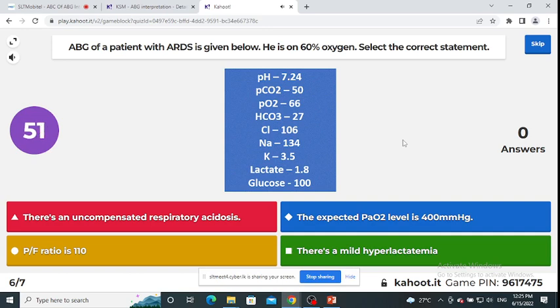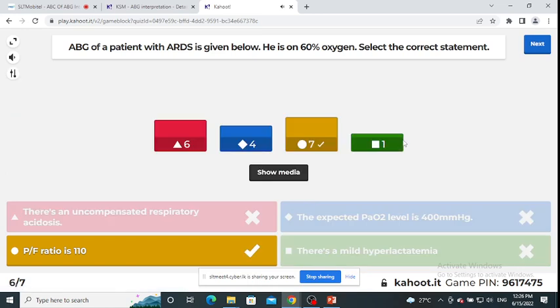For this, I have given you 1 minute. Is it the correct answer you got? 7, you have given the correct answer.